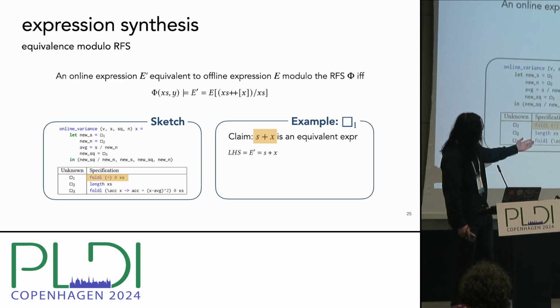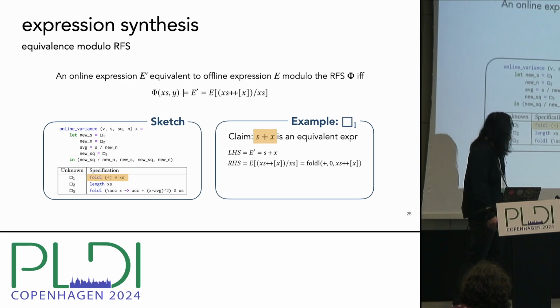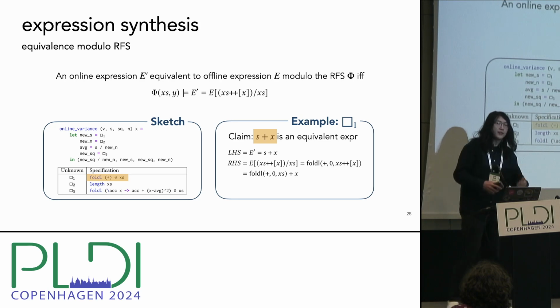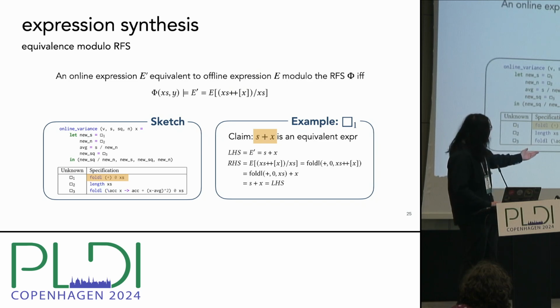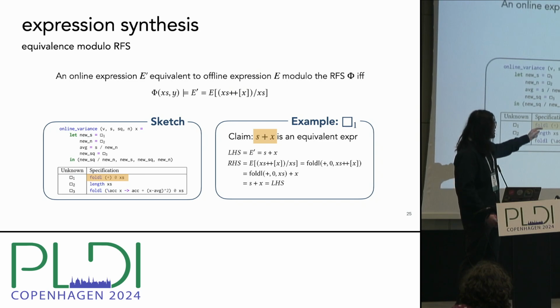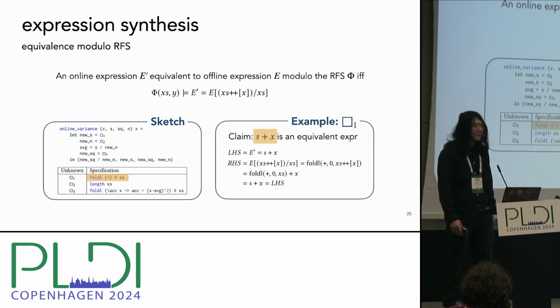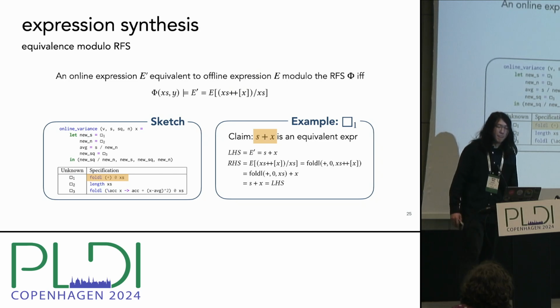The left-hand side is easy, just plug in E prime. And the right-hand side will be fold left plus over xs plus x. So we can use the definition of fold left to unroll one step. And then the specification tells us s plus x is equal to the expression, which concludes the example.